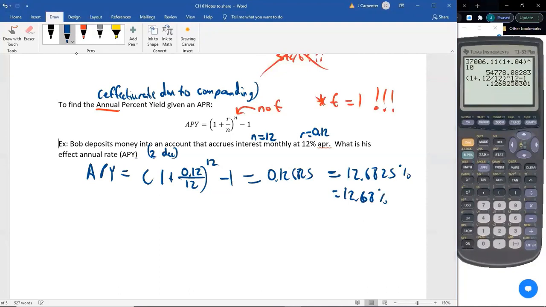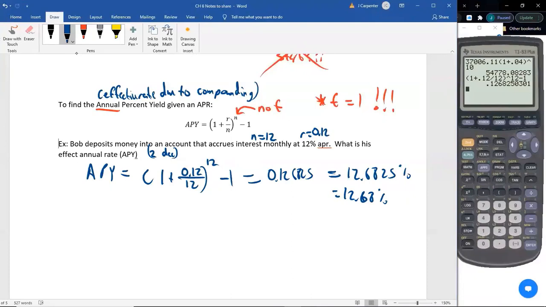And if you go back to that TV loan problem that we did together in class, we calculated an effective rate, or an annual percent yield, of 12.68%. See, if you only gained interest once over the year, you would gain exactly 12%. But because we gain money 12 times instead of once, effectively we're earning 12.68% over a year.